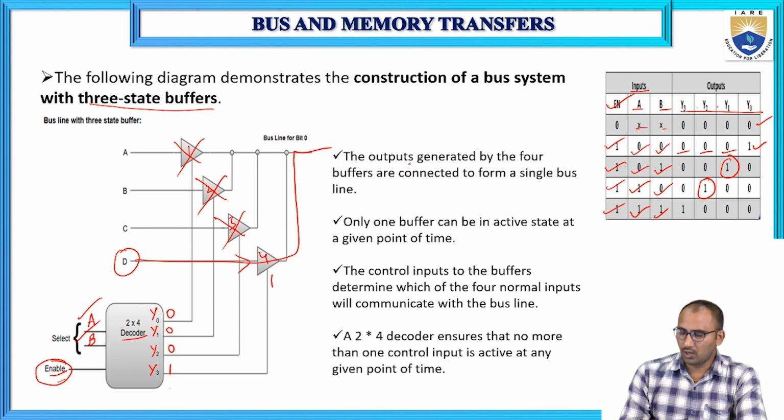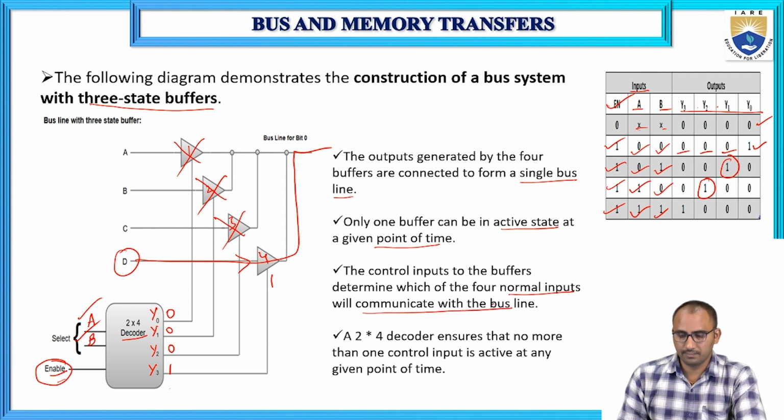The outputs generated by the four buffers are connected to form a single bus line. Only one buffer can be in the active state at any given point of time. The control inputs to the buffers determine which of the four normal inputs will communicate with the bus line.